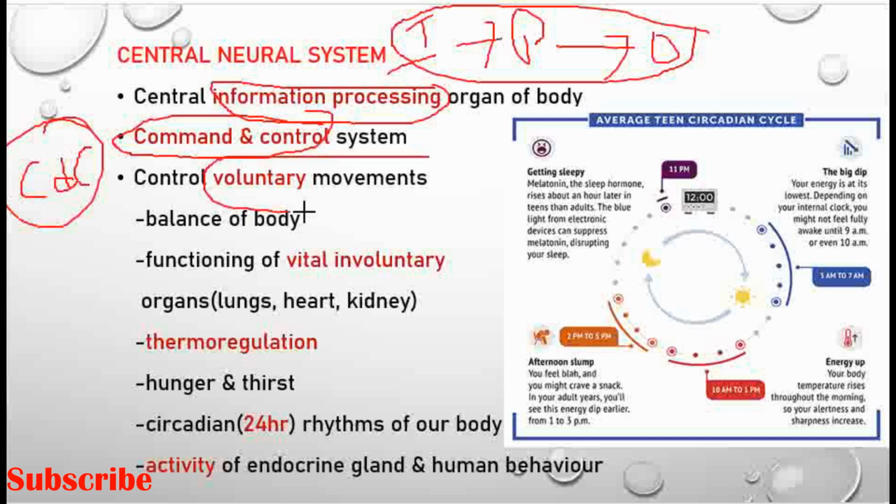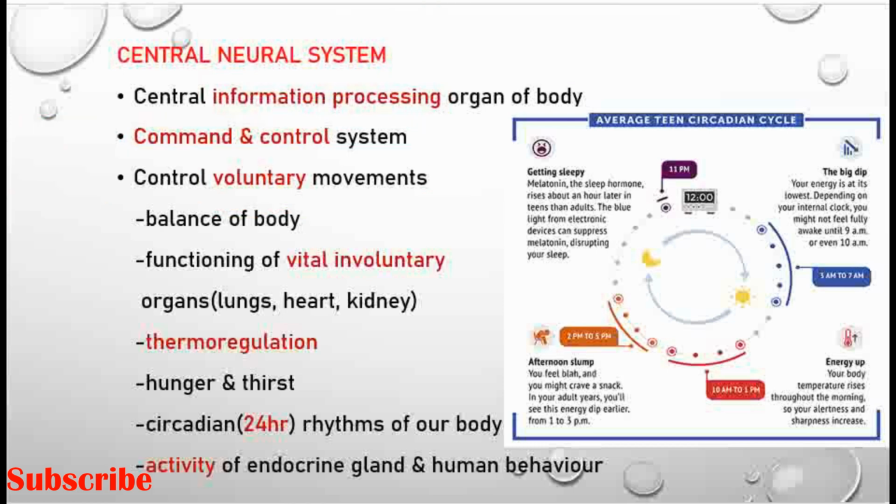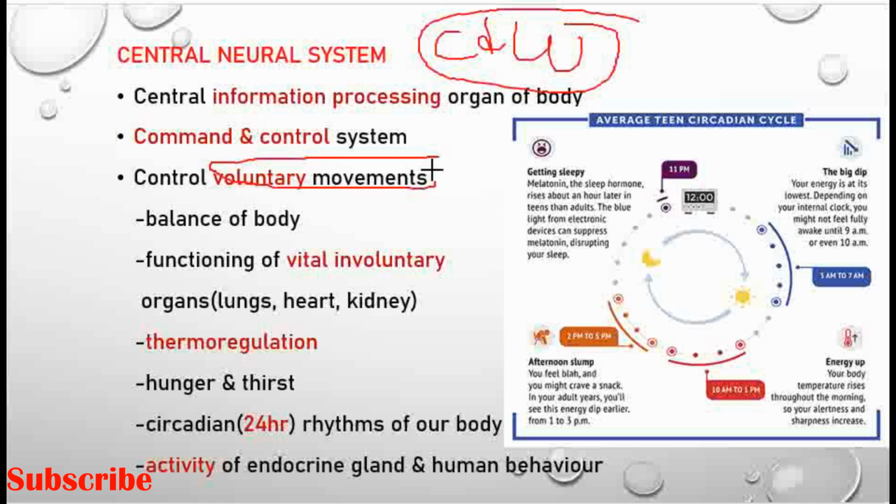So what is a voluntary movement? Voluntary movement is done in accordance with the consciousness or will, the movements we do with our own will. Those movements are called voluntary movements. The brain controls all these movements.